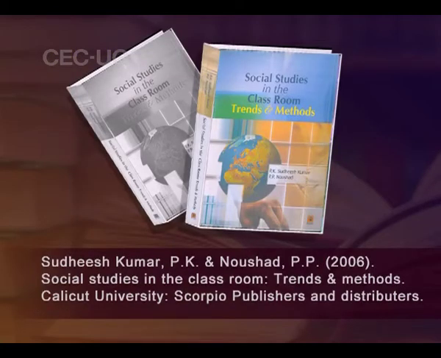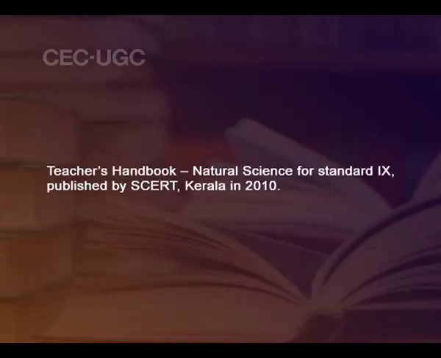Social Studies in the Classroom, Trends and Methods, written by Dr. P.K. Sudesh Kumar and Dr. P.P. Naushad, published by Scopio Publishers and Distributors, Calicut University in the year 2006. 3. Teacher's Handbook, Natural Science for Standard 9, published by SCERT Kerala in 2010.